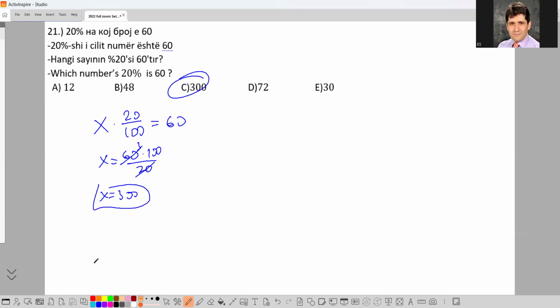You could have even tried this one. If you can't make an equation like this, you can try, let's say, how much is 20% of 72, which means 1/5 of 72, divide and see whether it's 60. It's not, try something else.